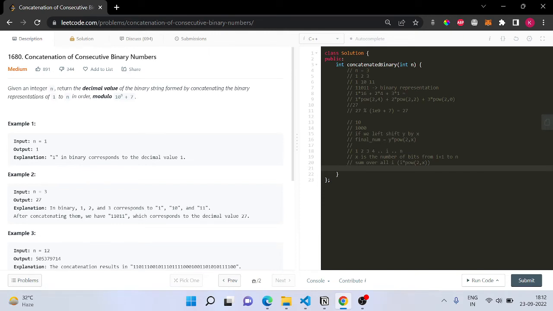So what we are doing is, suppose const int mod is 10^9 plus 7 and int number initially 0. We need to traverse from n to 1, and at the end we need to return the number, right? So let's make a number bit.